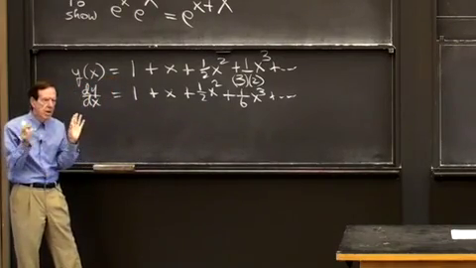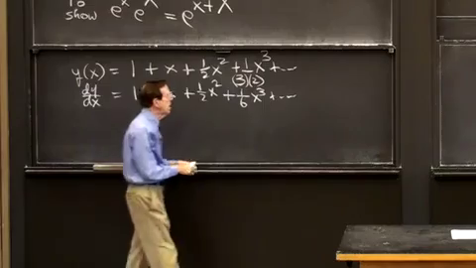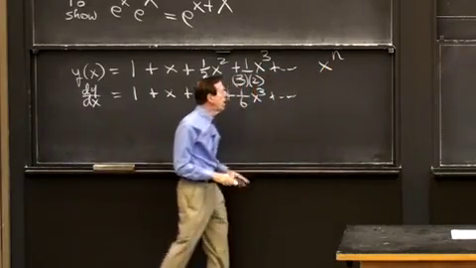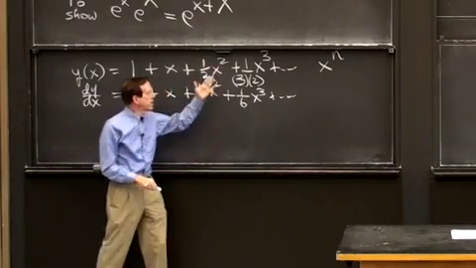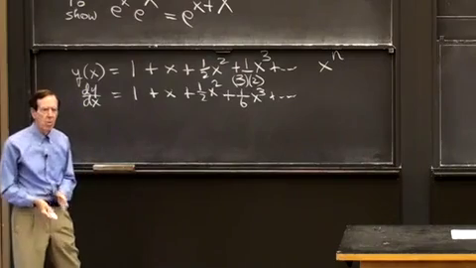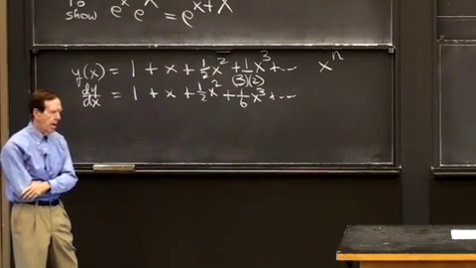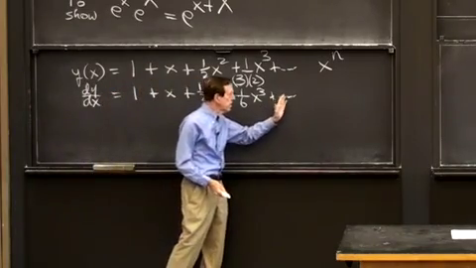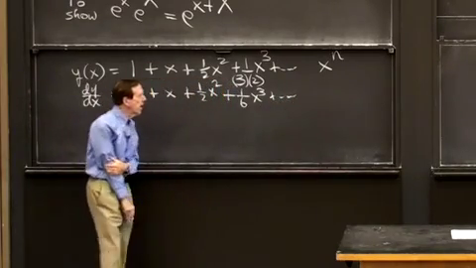I'd like to have some idea of what it is when I get up to x to some nth power. Then it's multiplied by some fraction, and I'm looking to see what is that fraction. What is that fraction? And then, of course, they'll all show up down there again.